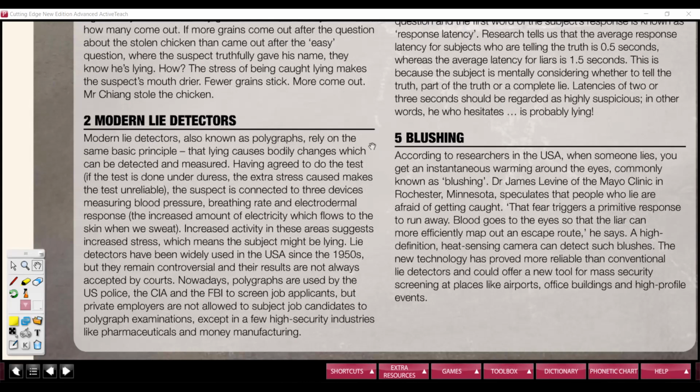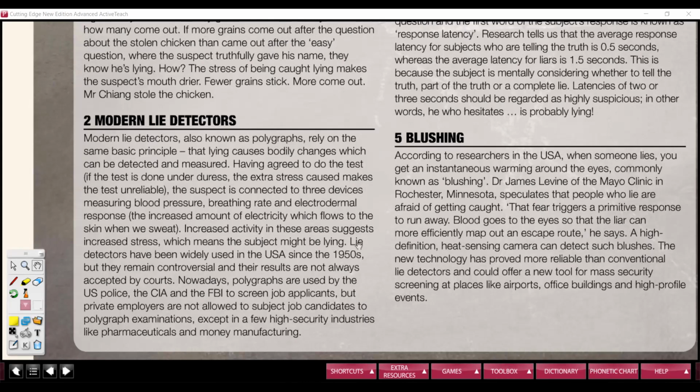The increased amount of electricity which flows to the skin when we sweat. Increased activity in these areas suggests increased stress, which means the subject might be lying.